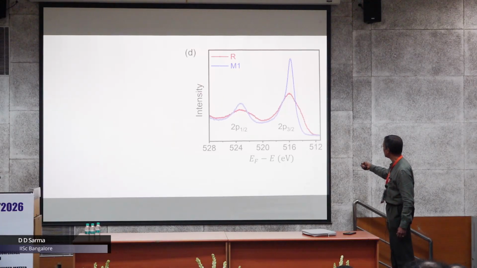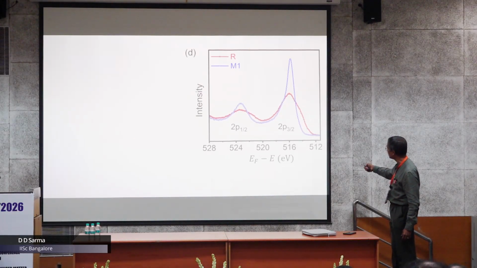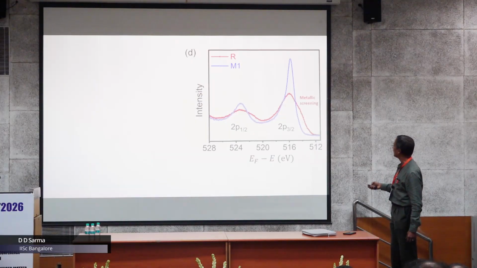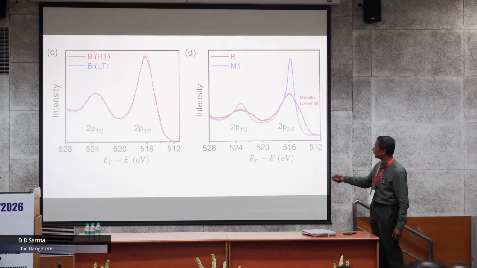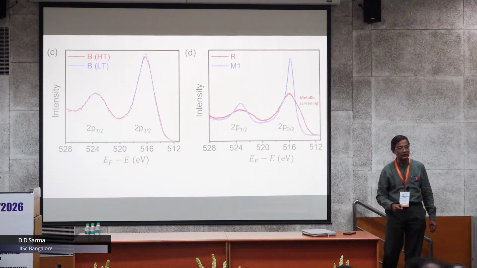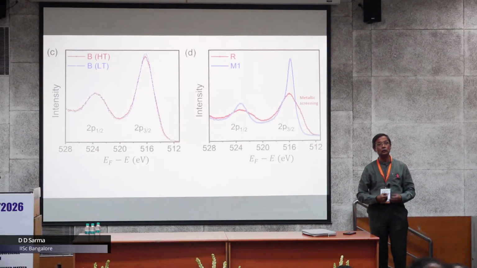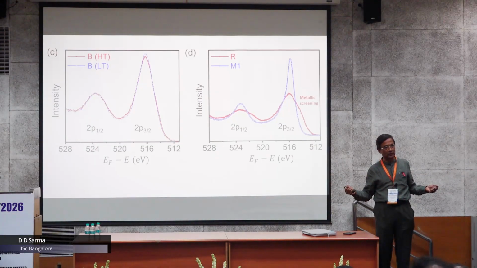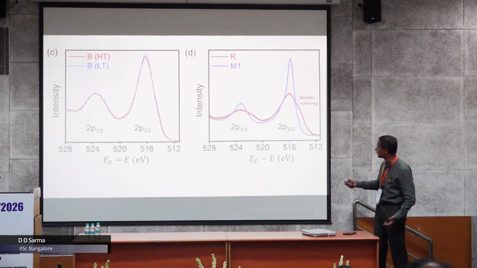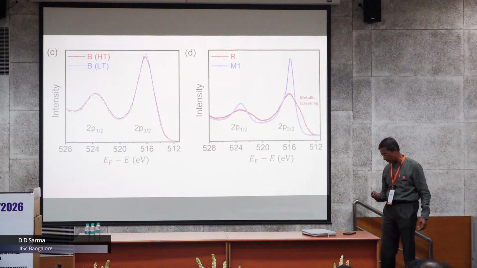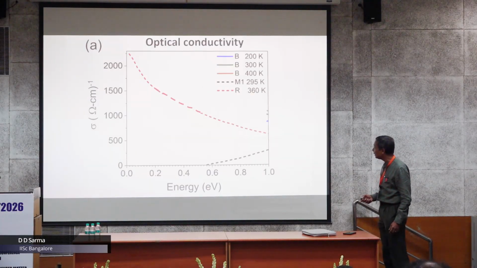Remember, in the M1 rutile phase, it screens very well and there's a screening signature. But if I look at the high temperature and low temperature phases, there's hardly any change at all, which would say that I don't have any screening electrons available for the high temperature phase, though it has a very high transport conductivity, which is drastically different, and there's hardly any difference between the low temperature and the high temperature phase.